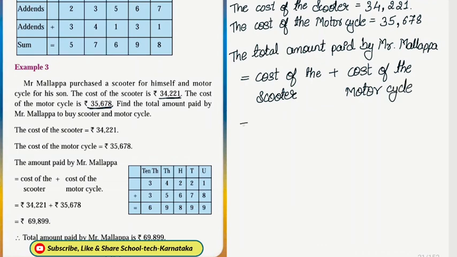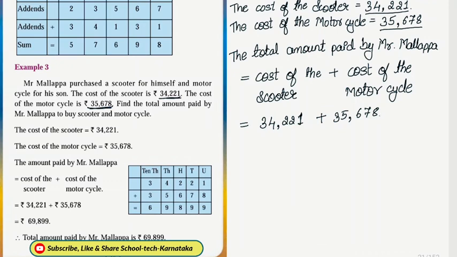That is, what is the cost of the scooter? 34,221 plus, what is the cost of the motorcycle? 35,678. Now how do we add these numbers?